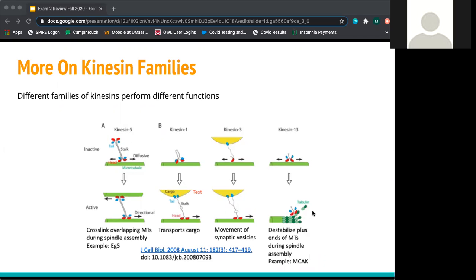And an example of this would be EG5. And then there's kinesin 1, which transports cargo, and kinesin 3, which moves synaptic vesicles, and kinesin 13, which is special because it destabilizes the plus ends of microtubules during spindle assembly. An example of this is MCAK.